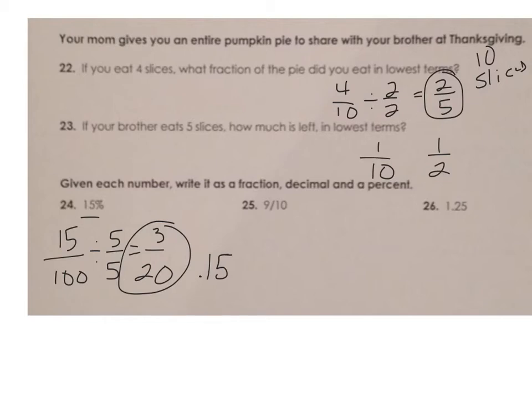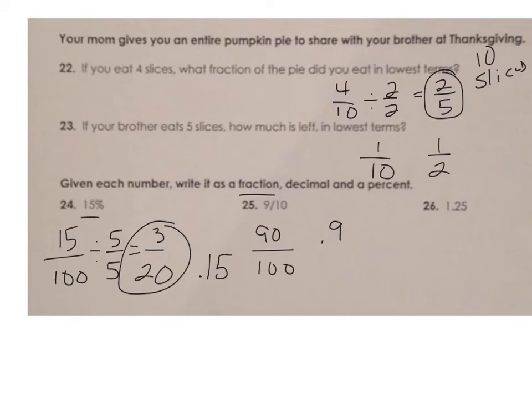Number 9, we've got 9/10, which is already in a fraction. And then we'd have to write it as a decimal. Well, if I multiplied the numerator and the denominator by 10, that would be 90 over 100. So the decimal would be 90 hundredths, or 0.90 or 0.9.